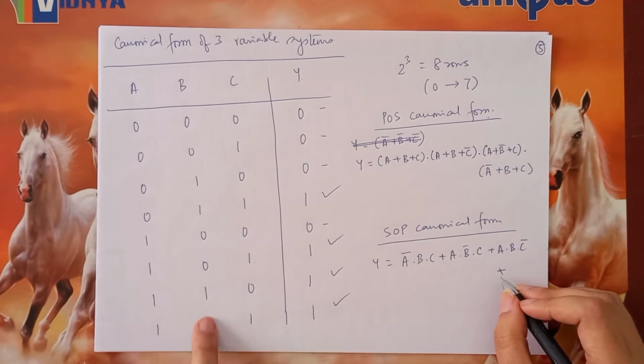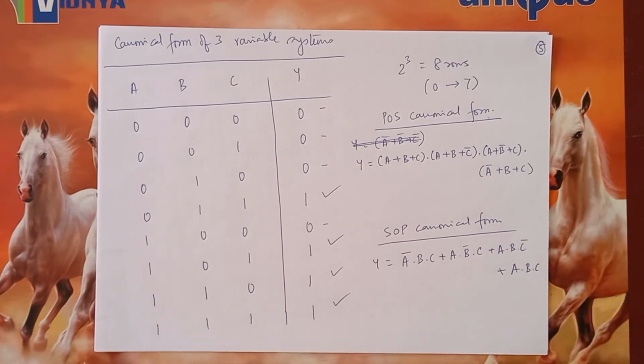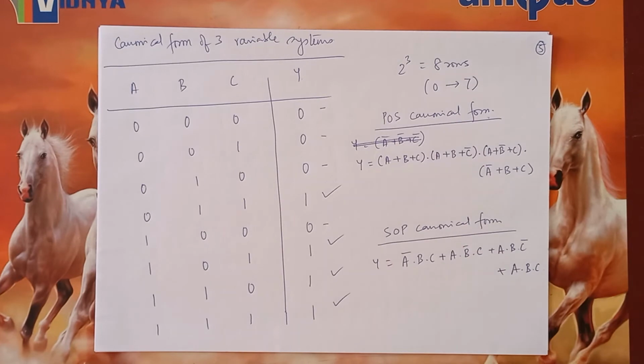Plus finally A dot B dot C. Alright, so we have seen how to get the canonical forms in both POS form and SOP form, that is the product of sums and the sum of products form for Y. Both of these are correct and ultimately they will give you the same expression in whatever way you simplify.